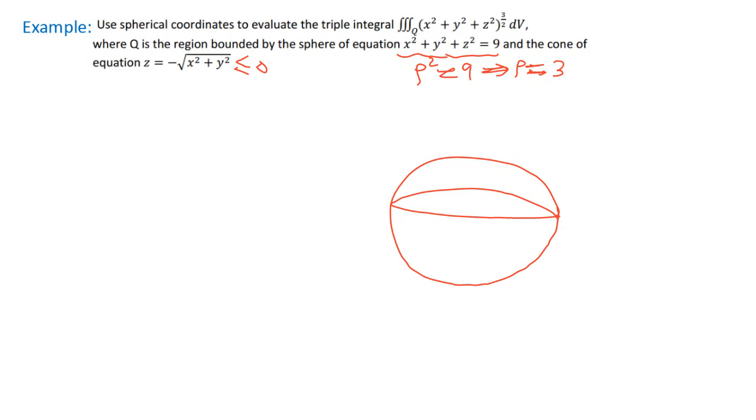So the cone is going down. We have this cone, and of course, again, the ice cream cone. Talking about this portion. This is the solid S.